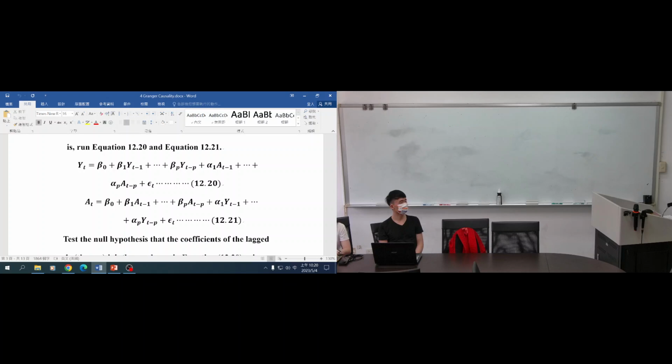All right? So actually they have the same independent variables but different dependent variables. One is using Y as a dependent variable, the other one is using A as a dependent variable.